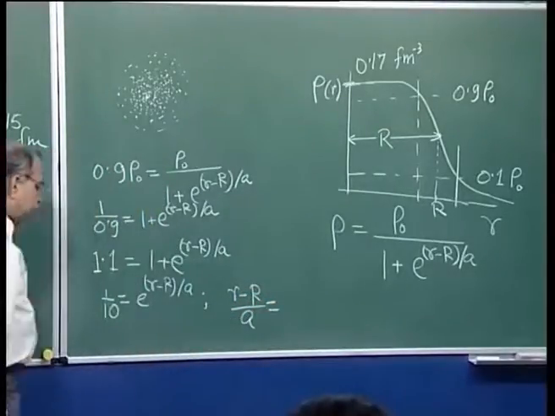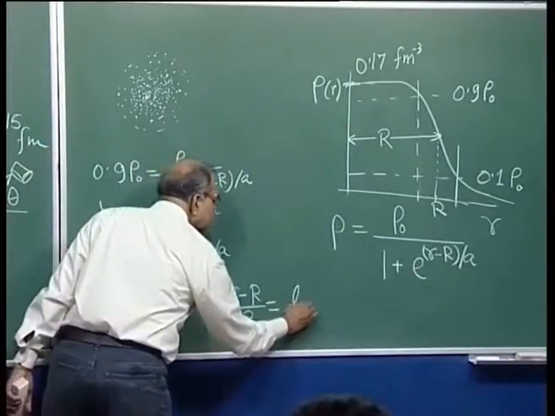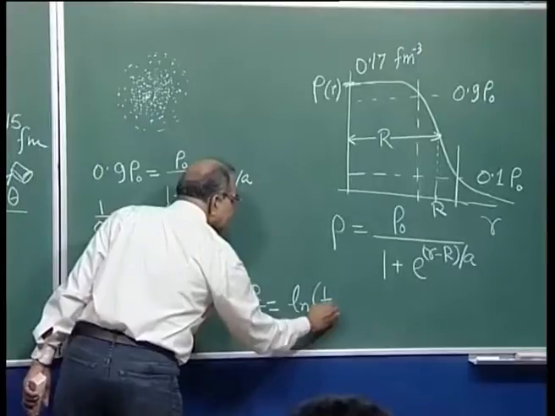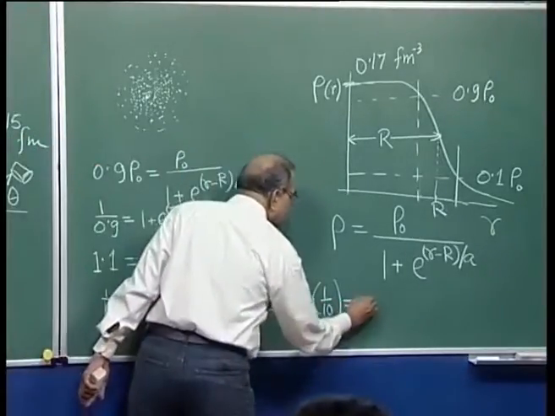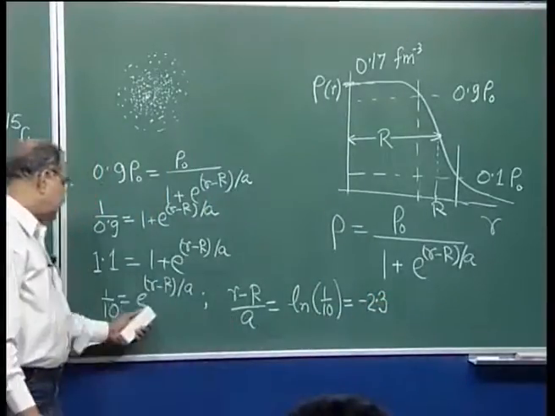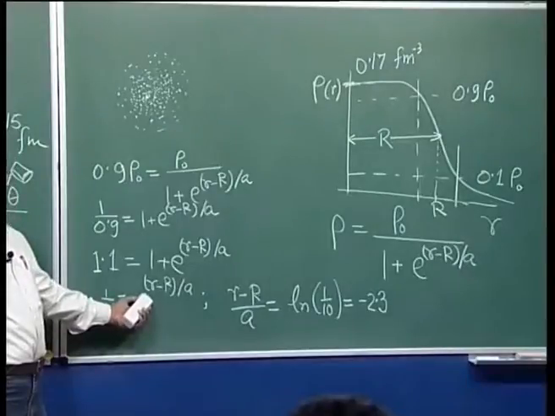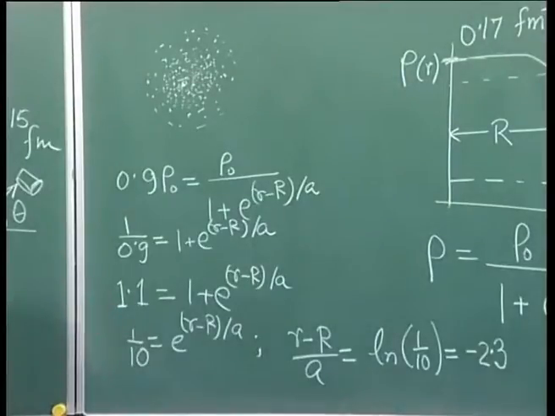So, r minus capital R by A: how much should this be? Log of 1 by 10, and how much is that? Minus 2.3. Remember, the base of this logarithm is not 10, the base is e. Log of 10 on the base e is 2.3, so for 1 by 10 it is minus this.